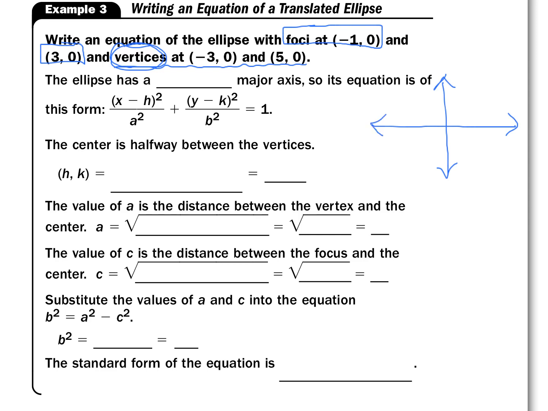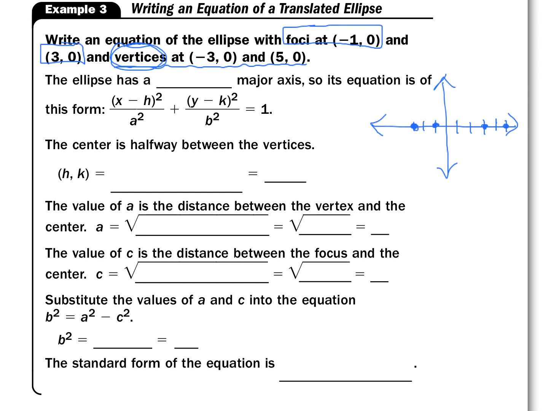the first thing that it told us was our foci at negative 1 comma 0. So at negative 1 comma 0 we have a focus, and at 3 comma 0 we have a focus. And then we have vertices at negative 3 comma 0, and at 5 comma 0.